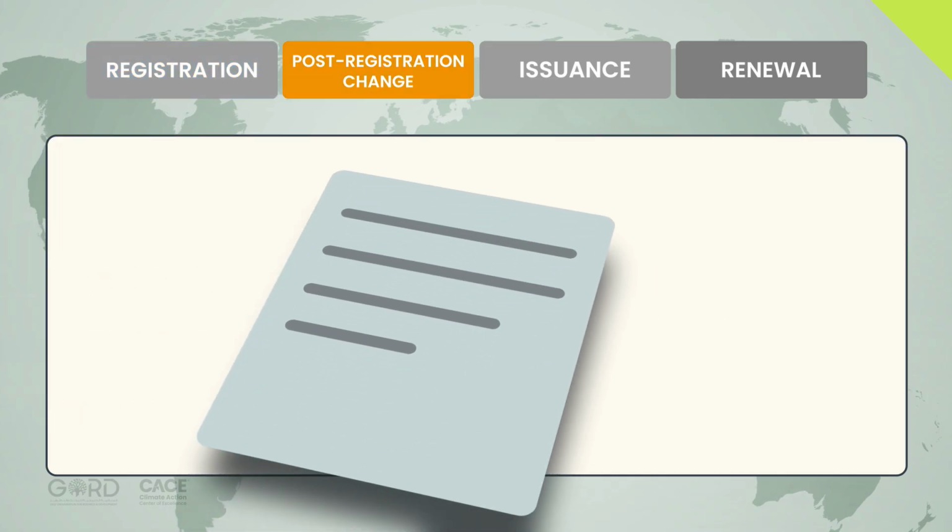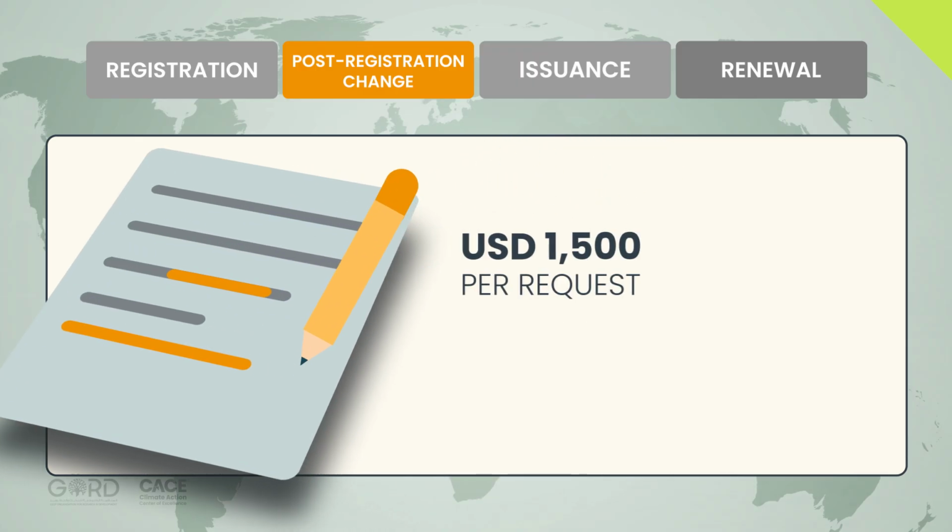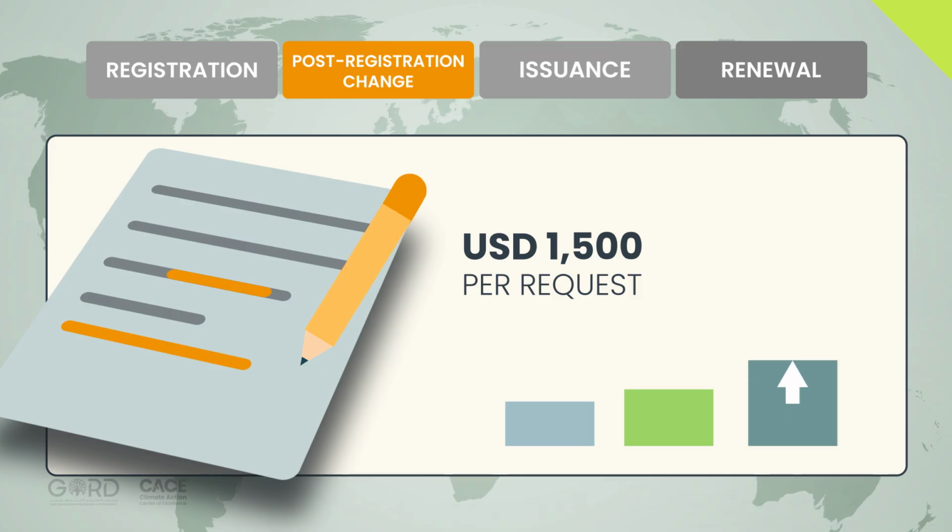Second, there's the post-registration change fee, charged if changes are proposed to a registered project. This is a flat $1,500 per request. If the change increases the scale of the project into a higher emissions tier, you'll also pay the difference in registration fees.